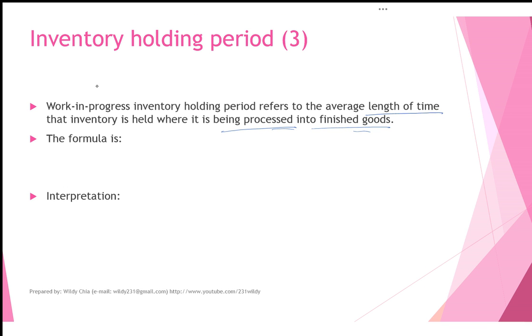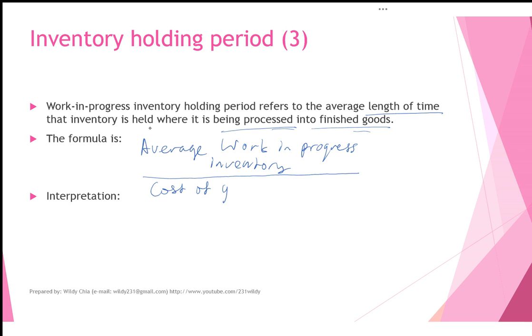The formula for calculating this simply is to take the average work in progress inventory, divide that by the cost of goods sold, or some people refer to this as the cost of sales, times the percentage of completion, and the whole fraction multiplied by 365, or like what I mentioned just now, 52, depending on whether you want to measure this in days or weeks.